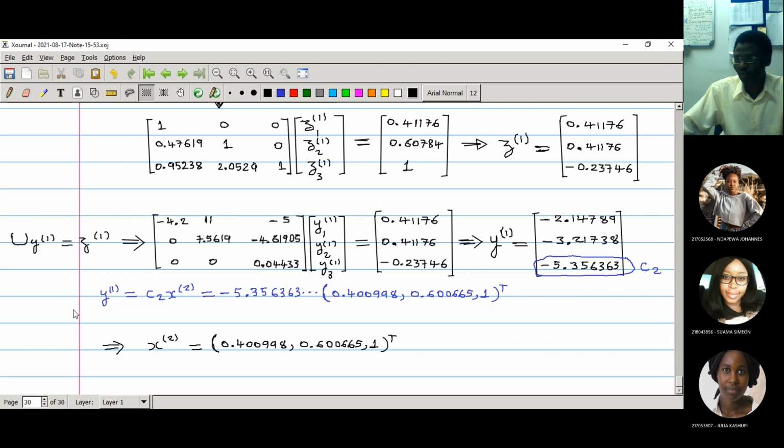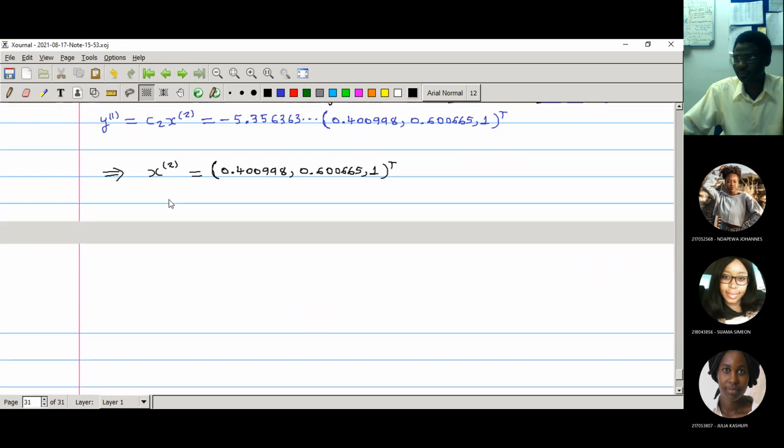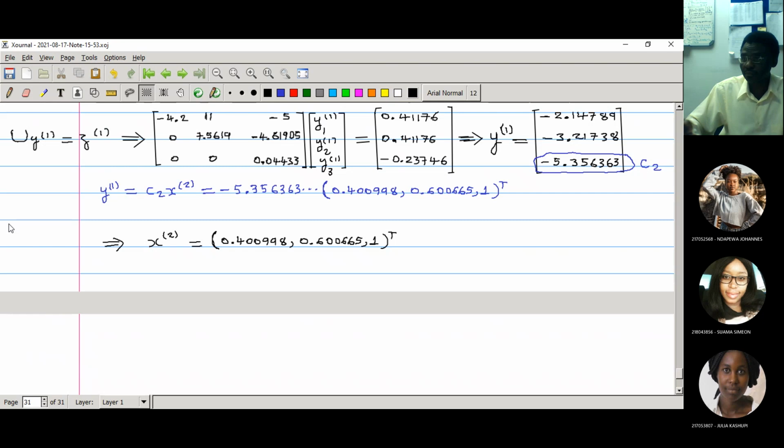And C2, which is an approximation of lambda, so this is our lambda. I mean, that's mu1 actually. This is an approximation of mu1. That is the second approximation of mu1.